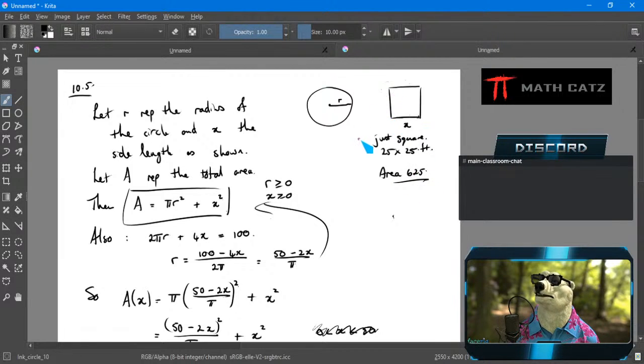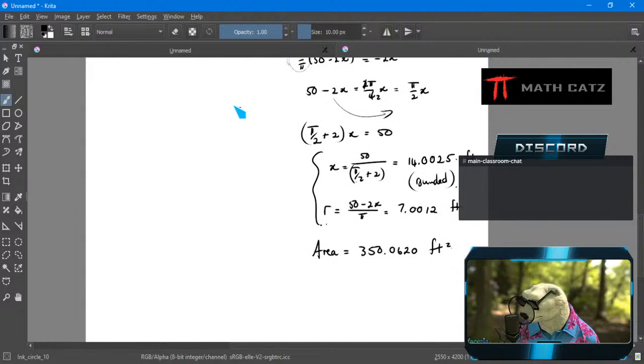If, on the other hand, I have my square side length 0, meaning there's no square, I just have a circle, then the circumference of the circle has to be 100. I'm running out of space here. This is why I'm hesitating. I don't think I have enough space.